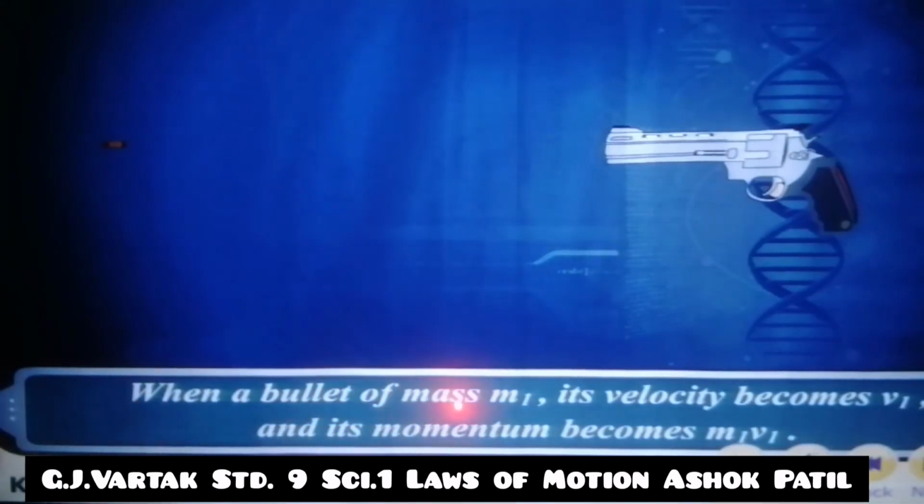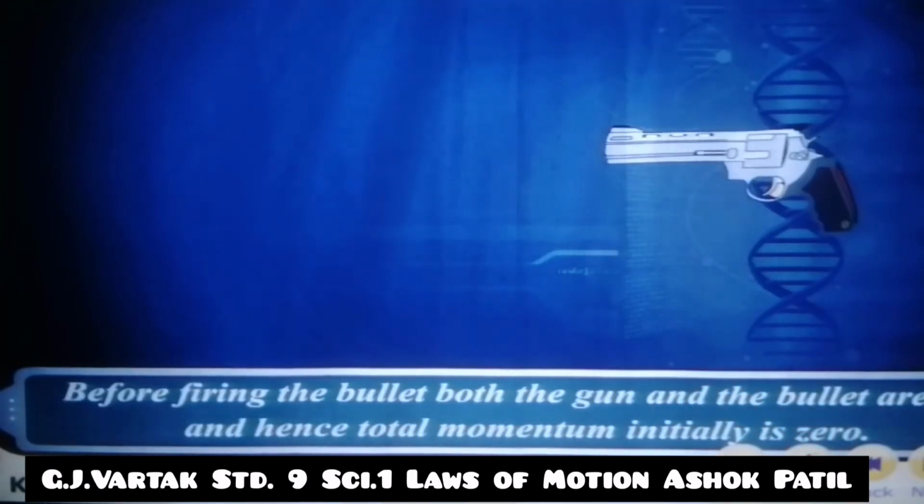When a bullet of mass m1 is fired, its velocity becomes v1 and its momentum becomes m1 into v1. Mass of the gun is m2 and velocity is v2 and its momentum becomes m2 v2.